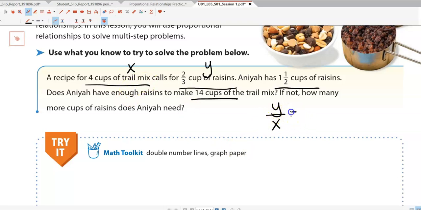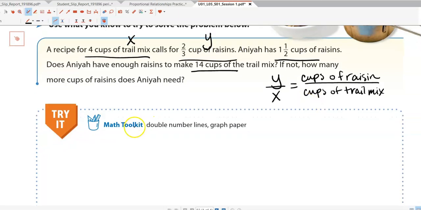So here we have our cups of raisins to our cups of trail mix. It was given that our y here, 2/3 cups of raisins, I'm going to put 2/3 to every 4 cups of trail mix. So here I see a ratio and we have some fractions.